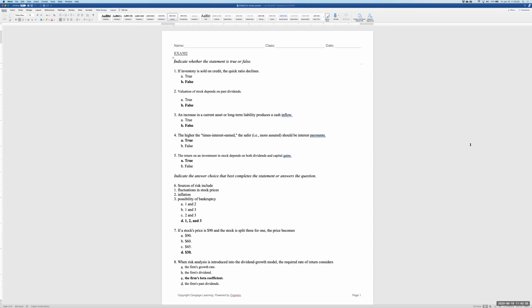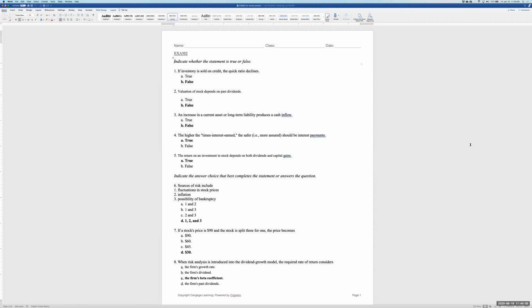And the second question, the valuation of stock depends on past dividends. No, we are looking at future dividends. It's false. 3, an increase in a current asset or long-term liability produces a cash inflow. So as you recall from chapter, I guess, 2 or 1, we look at the cash inflows or cash outflows. And cash inflow increases the cash amount in the balance sheet.